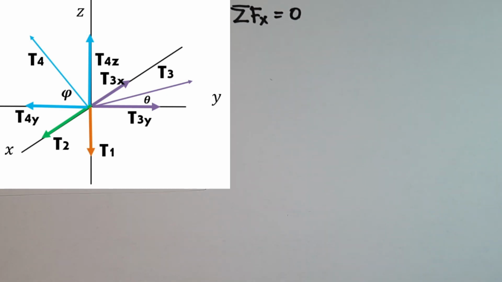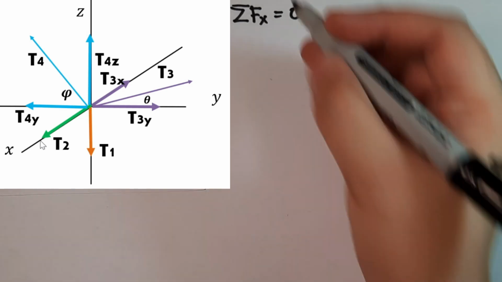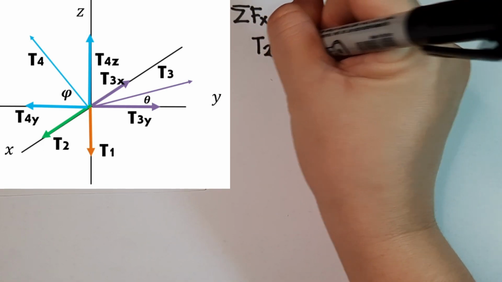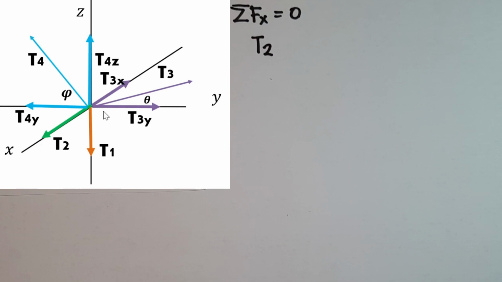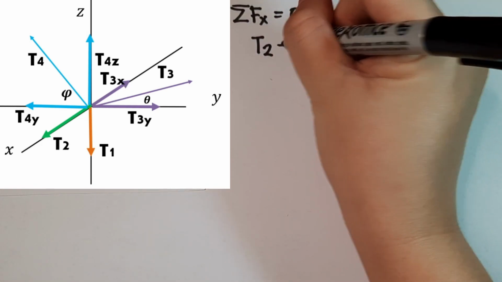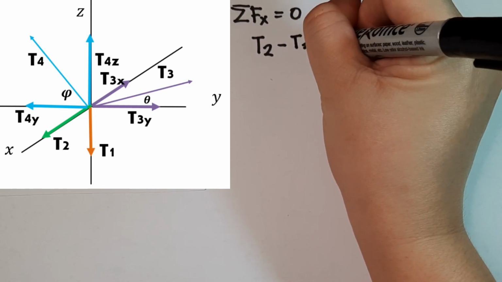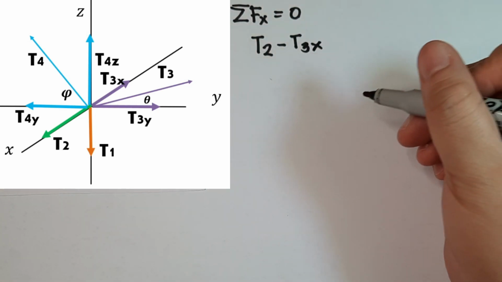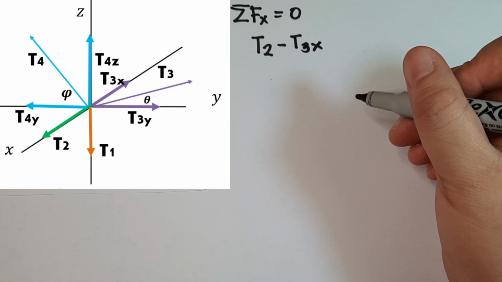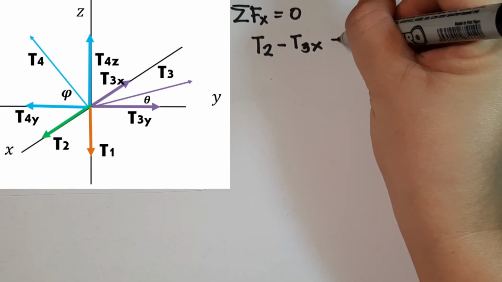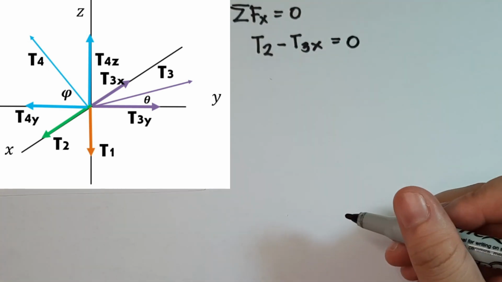We have positive T2, then negative T3X, that is negative because that is along negative X, and that is equal to 0.